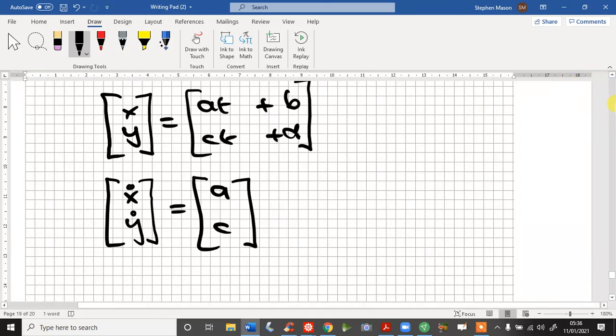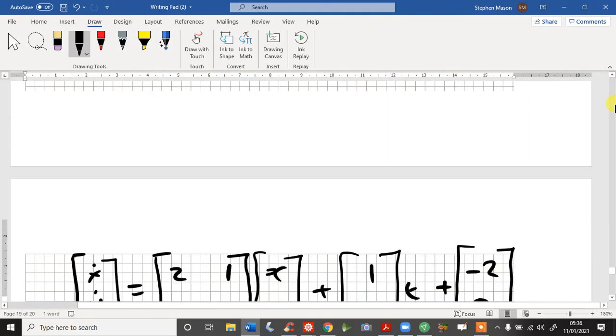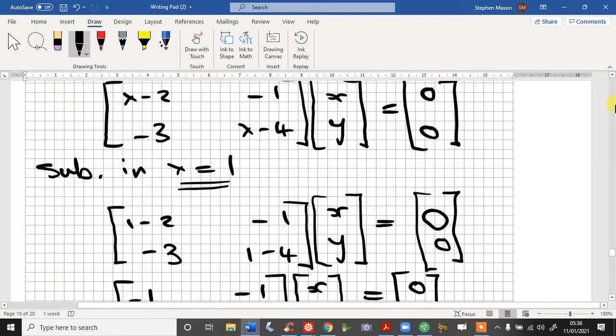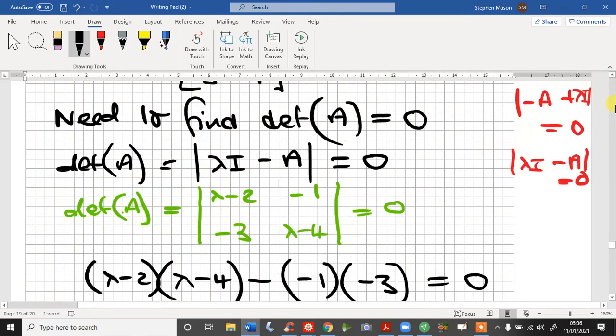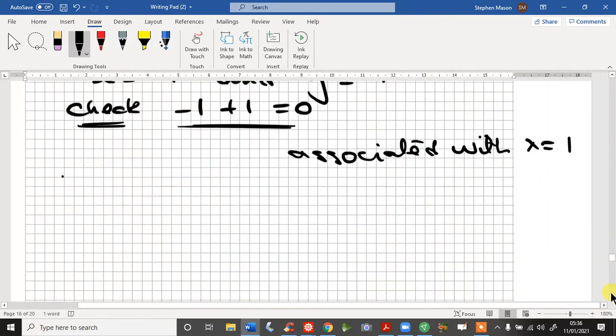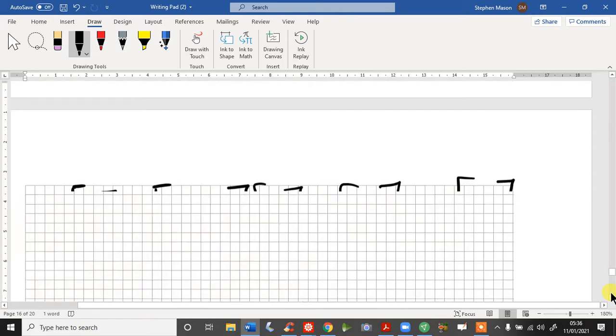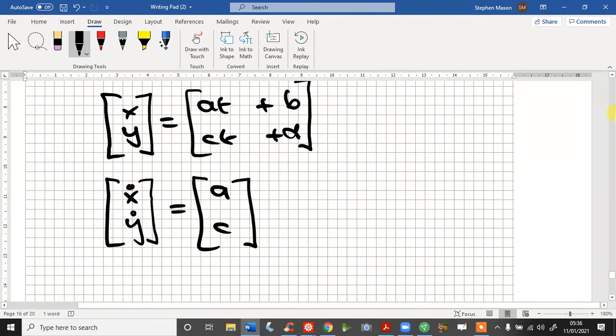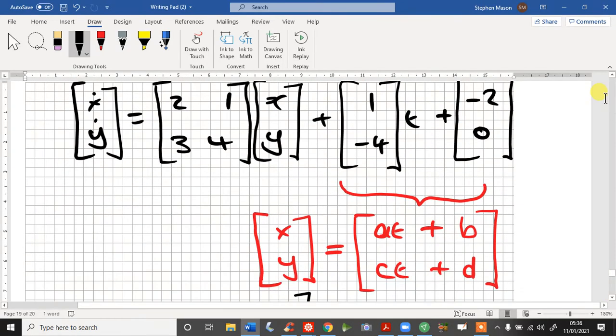I can't remember how many equations we labelled. I think we've got equation 3 there. So let's just go down to there. So this was equation 3.